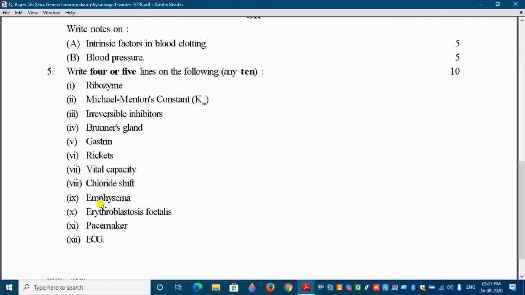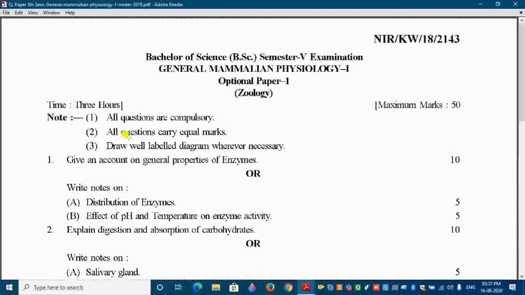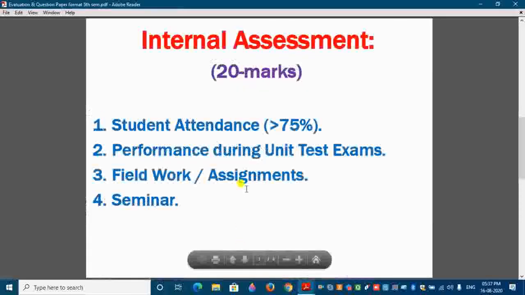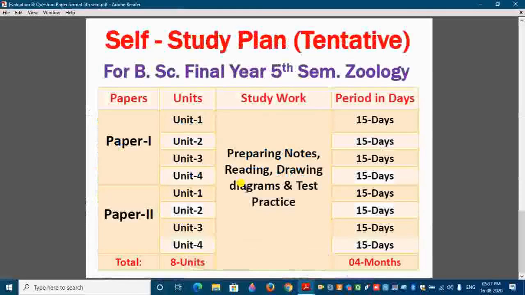So in this way there are a total of 10 marks for question number 5. So that is the question paper pattern for the examination of the 5th semester in the subject zoology.